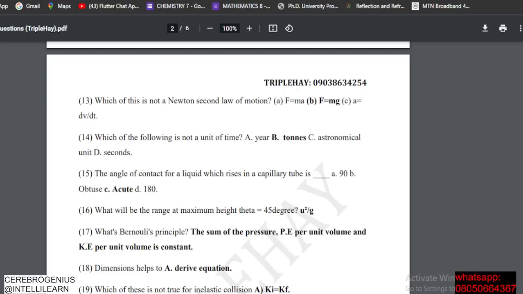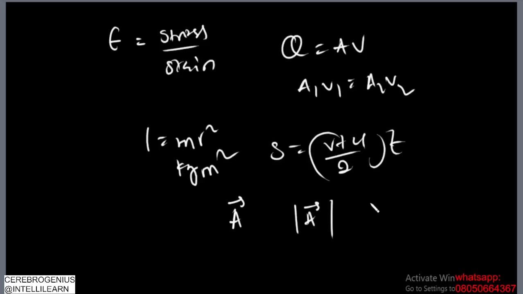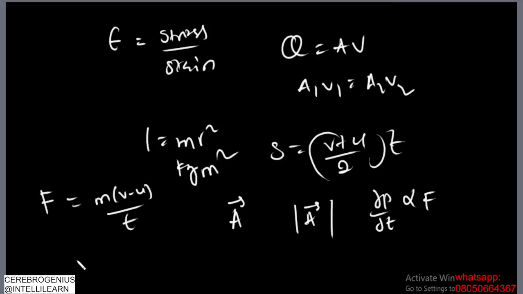Newton's second law of motion states that the rate of change of momentum is proportional to the applied force. And when you finish it up, you get F is equal to m(v minus u) over t, or you get F is equal to ma. So it's either this or this, right?